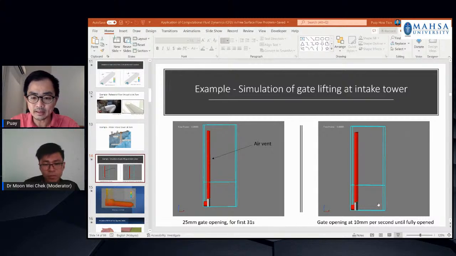So we can use CFD to predict this kind of phenomena to avoid any accident on site when you open the emergency gate at the intake tower. You can see that the water didn't shoot up very high as compared to the left hand side where the gate is open at 25 mm. So this is one of the applications of CFD in a water intake tower.